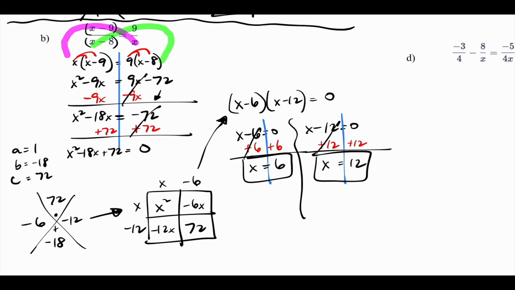And then if I plug in 6 here and here, I'm going to get negative 2 and 6. That's not 0. So this guy is okay. And if I plug in 12 here and here, 12 minus 8 is 4. And then just 12 by itself is not 0. 2 answers, 2 boxes. Enter twice.